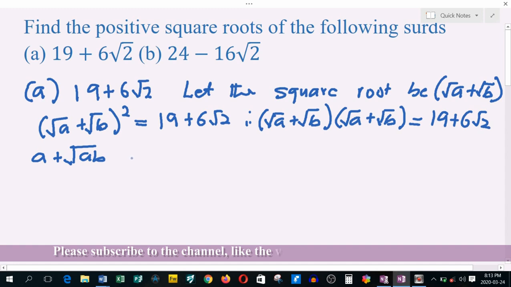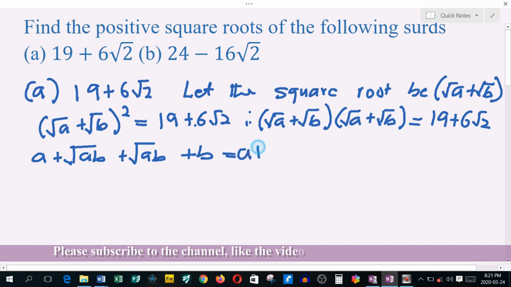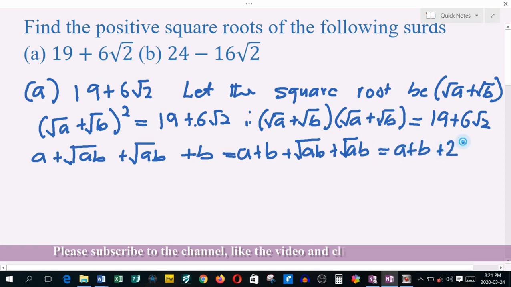Root b times root a will give us plus root ab. Root b times root b will give us b. So this will give us a plus b plus 2 root ab.